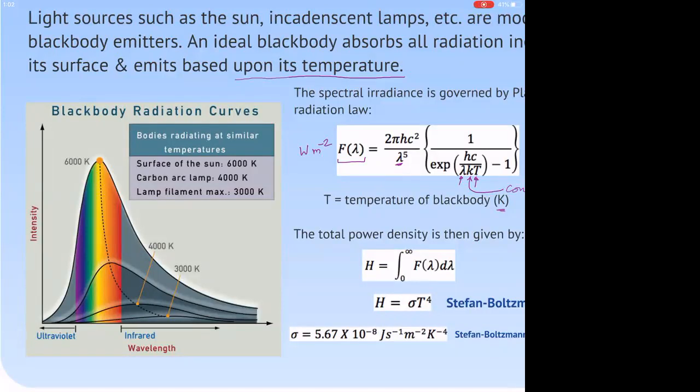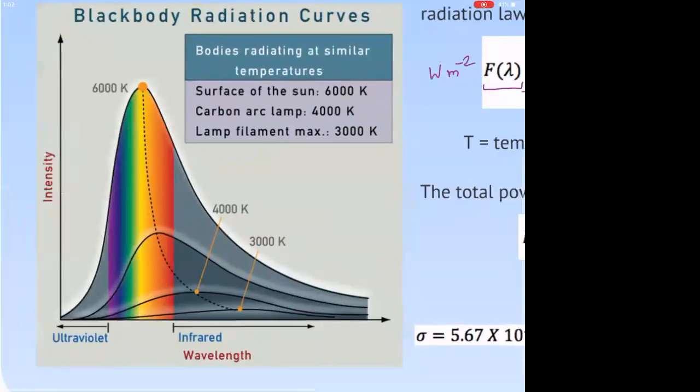Now we can plot this radiation. From this spectral power density, you can plot this curve, which is shown on the left here. This is wavelength, and this is intensity, and this is an ideal black body radiation. And of course, there are many curves based on temperature. So the hottest curve is shown here, which is roughly the temperature of the surface of the sun.